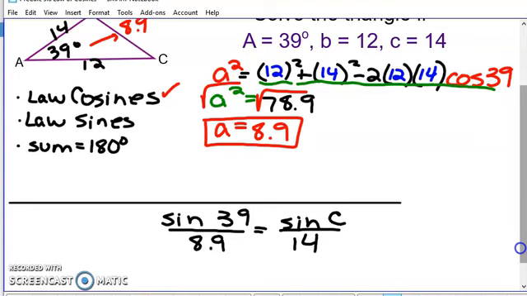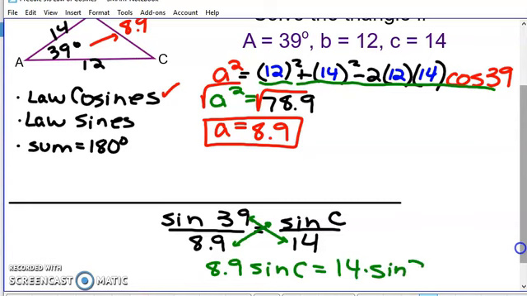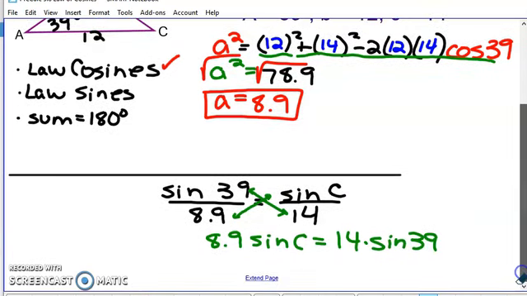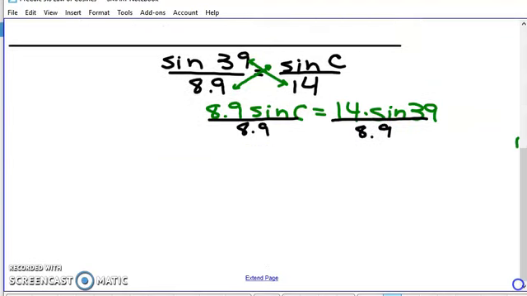So now we're going to use law of sines. I'm going to cross multiply here, and I end up with 8.9 times sine of C equals 14 times sine of 39. Divide both sides by 8.9. And once again, I'm going to get a funky decimal.